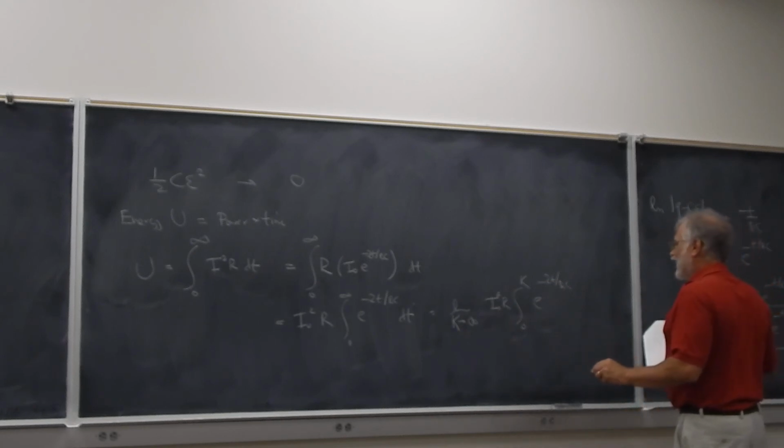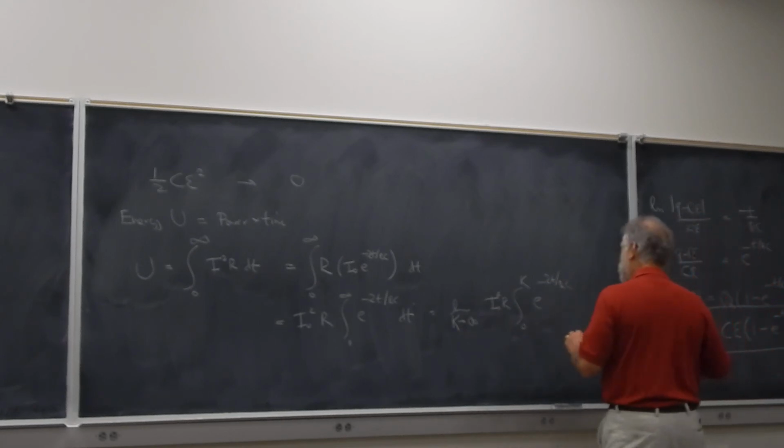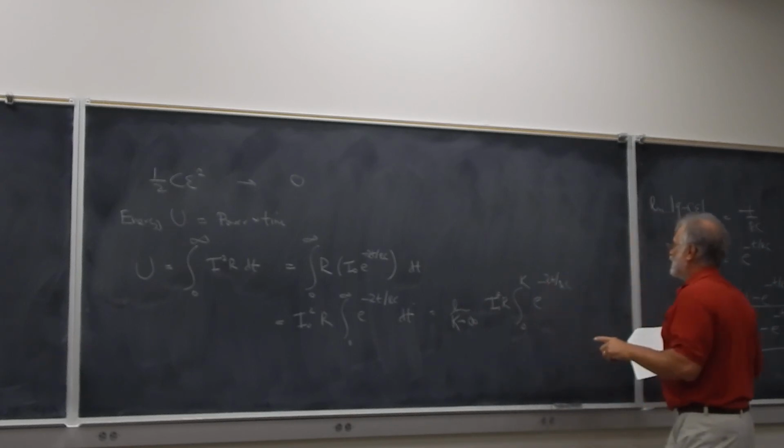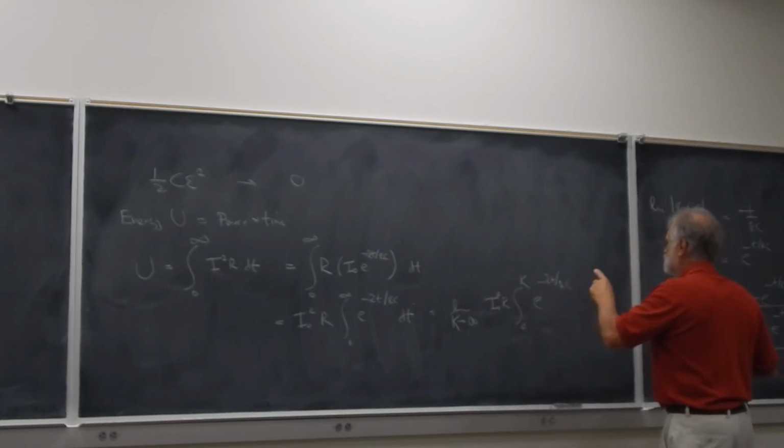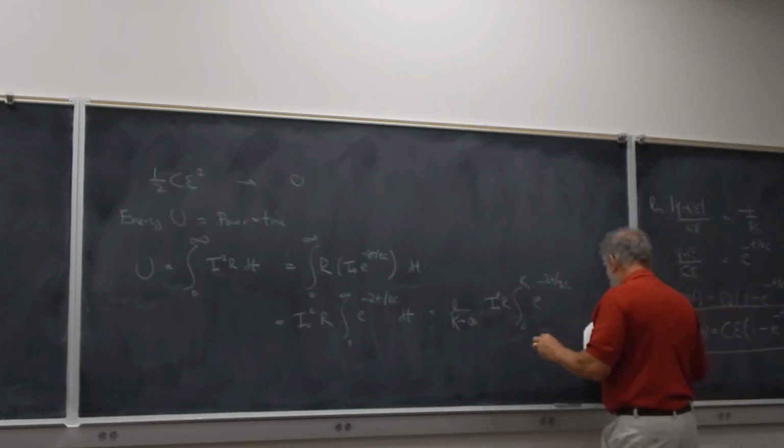When I integrate that, I get e to the minus 2t over RC times RC over minus 2.